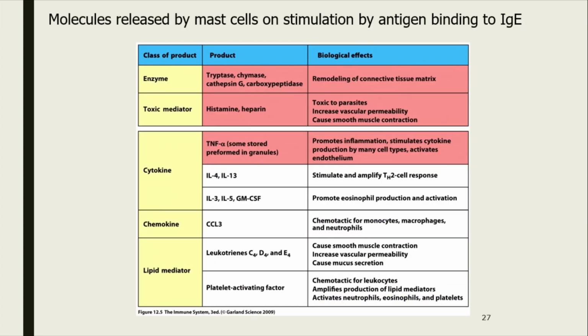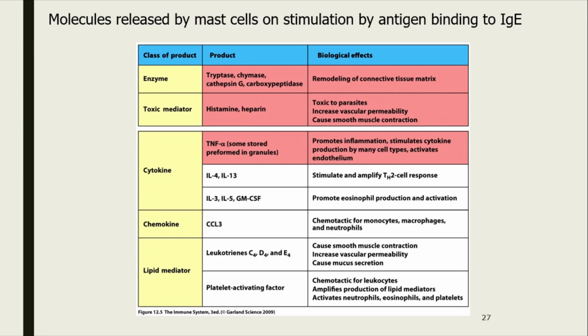Alright, here is a table. Again, I show you this table not for you to memorize, but for you to have all this information grouped into a nice format. I developed this from a textbook, and the red boxes here are the preformed molecules in the mast cells.